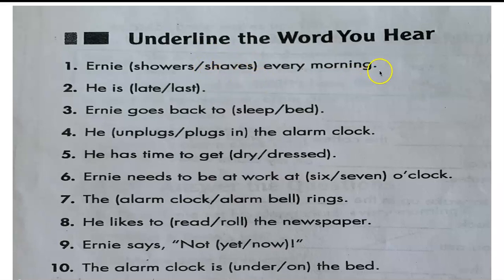Okay, so we are going to start with number 1. Ready to listen. Listen and circle the word that you hear. 1. Ernie shaves every morning. 2. He is late. 3.